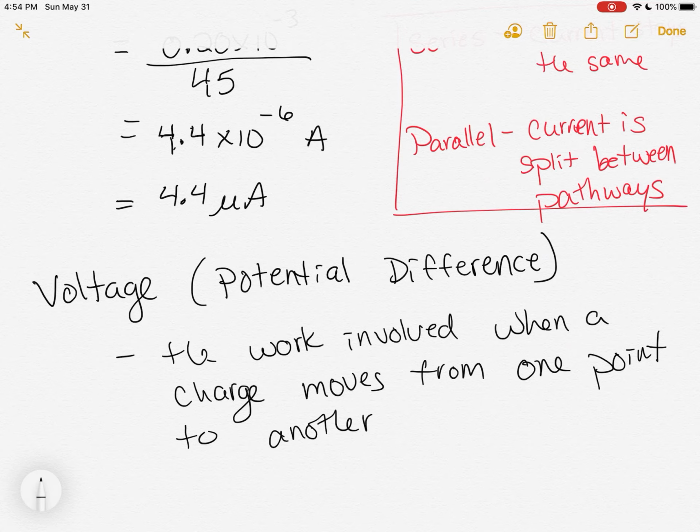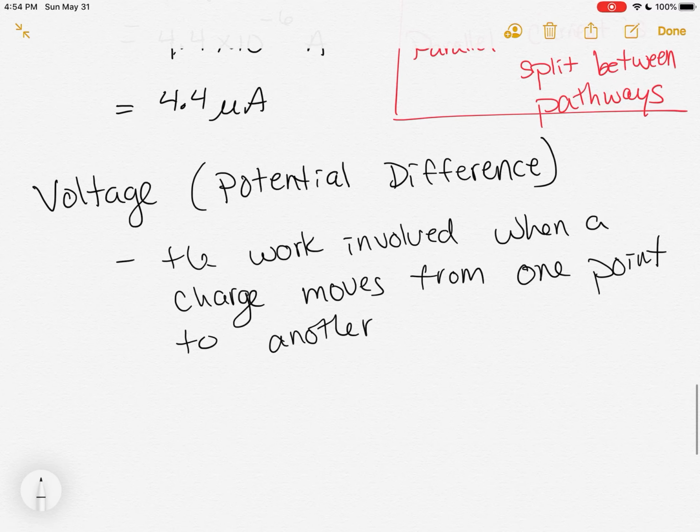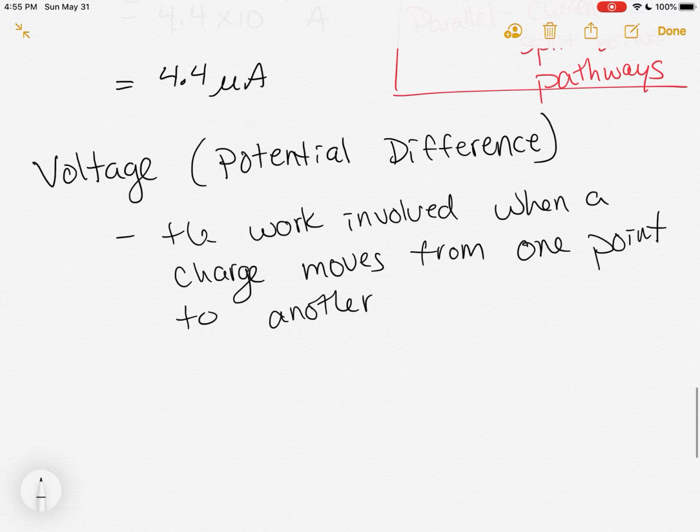So you can kind of think about it as how much energy is associated with moving a charge. Okay, and it's not quite exactly the same thing. It's not measured with joules, but you can sort of think about it in terms of that.